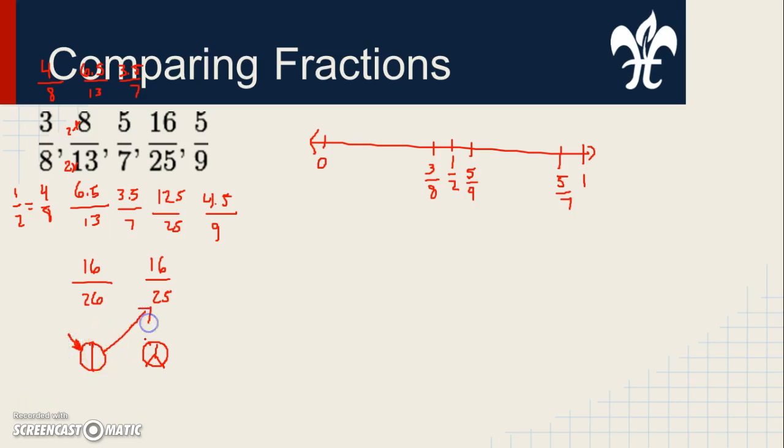This has the smaller denominator, the smaller number of slices, so it is a larger number. So we'll plot that around here. 16/25ths, and just smaller than that is 16/26ths. So again, the bigger the denominator, the smaller the number is. So now we've ordered these.